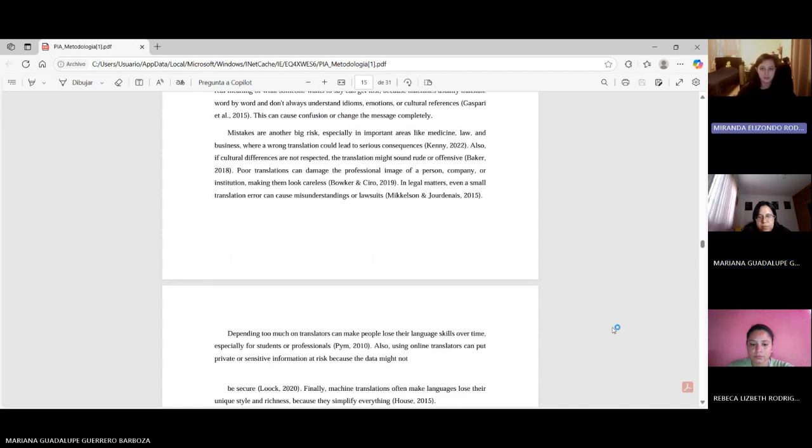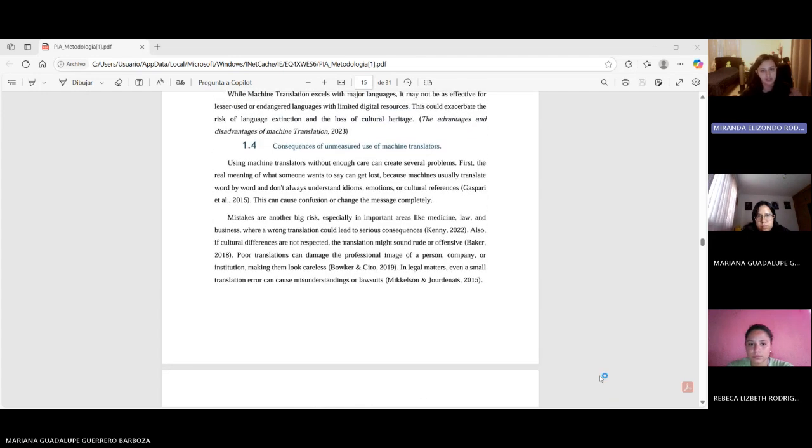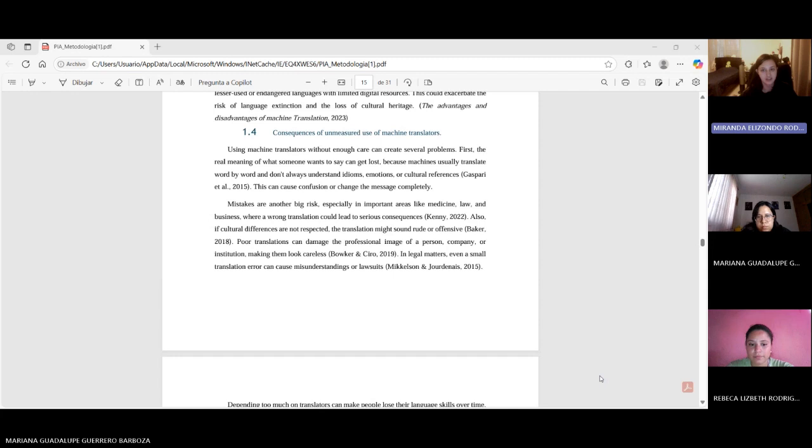Now I'm going to present the main objectives of our research. First, we aim to determine if the use of translation tools affects the quality of translation produced by fifth semester LIGHT students. Second, we want to analyze the effects of machine translators on the students' ability to use English proficiently and independently.